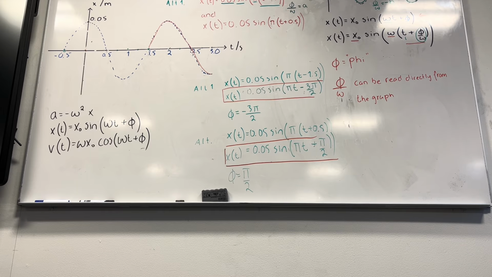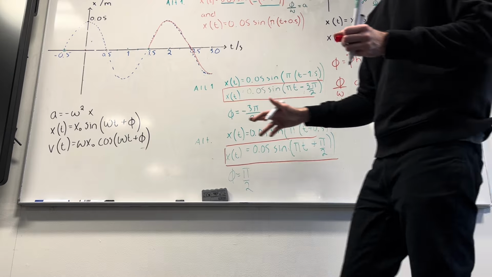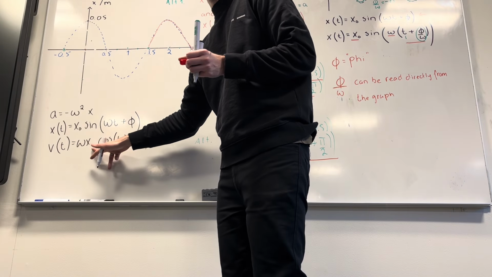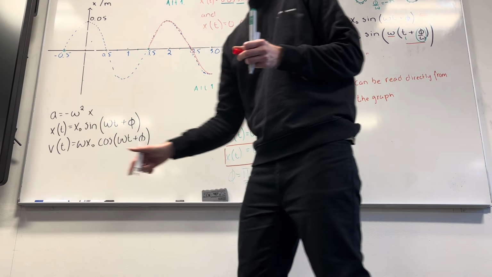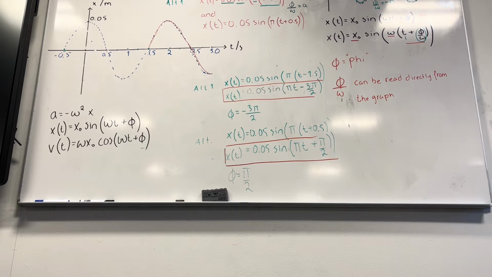When going from x to v, I don't really have to think about what the phase difference is. I just keep it when I write the cosine. So I think this is what we need to practice on. Now you can test for yourself.